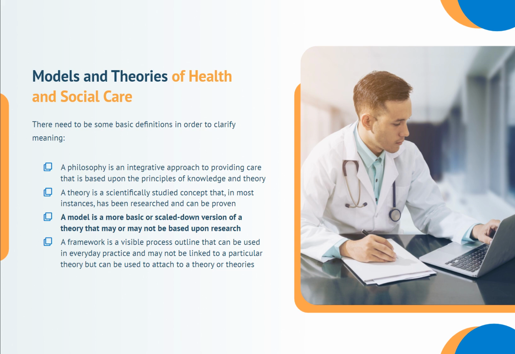A model is a more basic or scaled-down version of a theory that may or may not be based upon research. A framework is a visible process outline that can be used in everyday practice and may not be linked to a particular theory, but can be used to attach to a theory or theories.